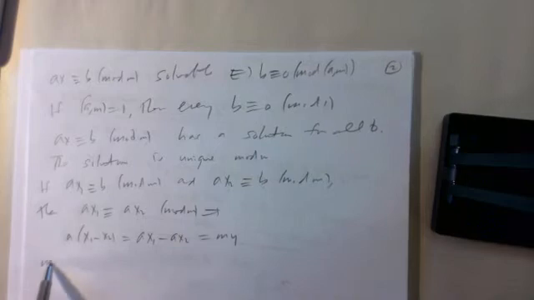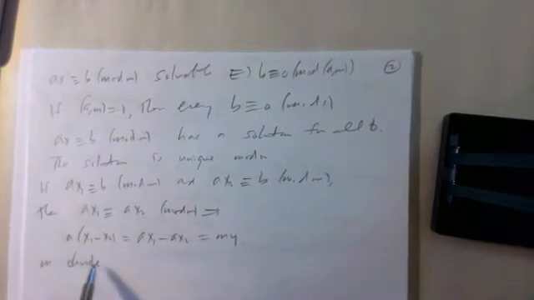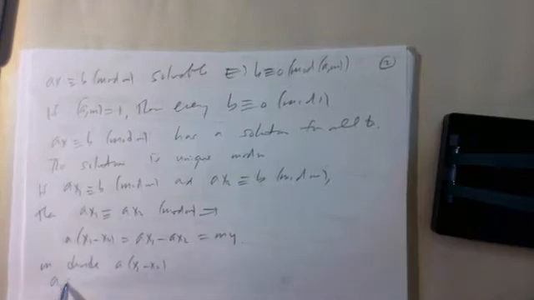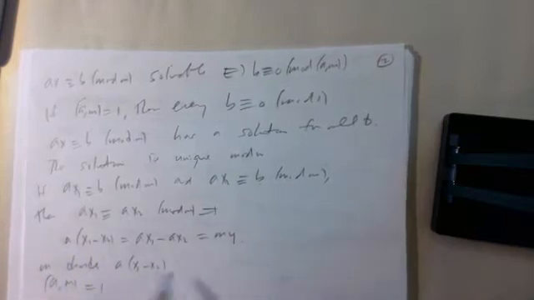So we see that M divides A times X1 minus X2, and M is relatively prime to A.